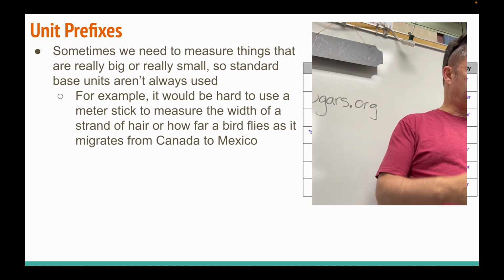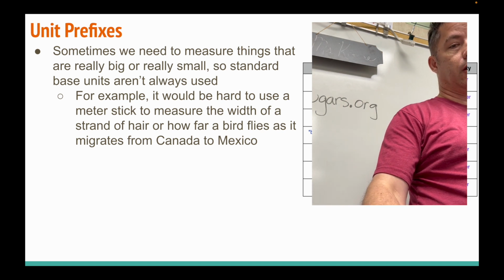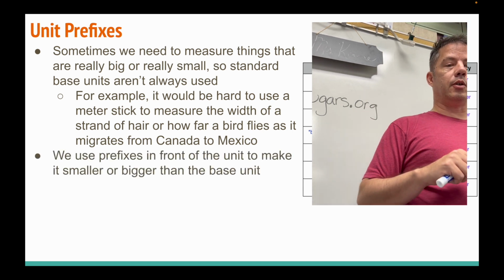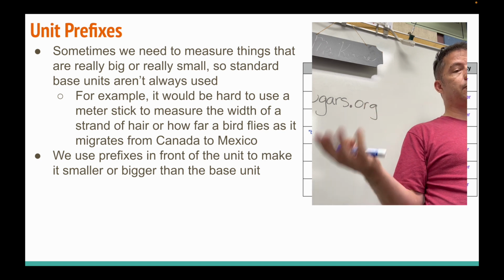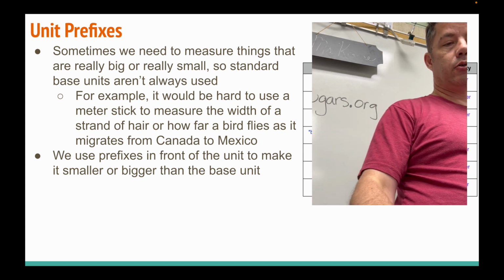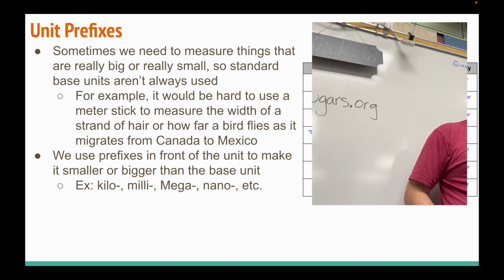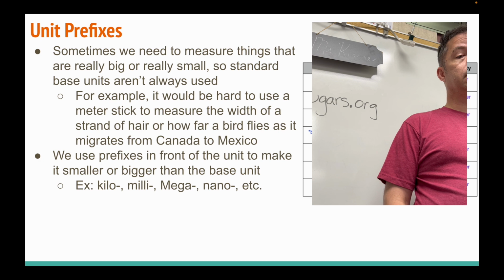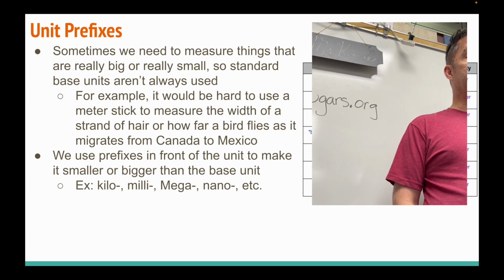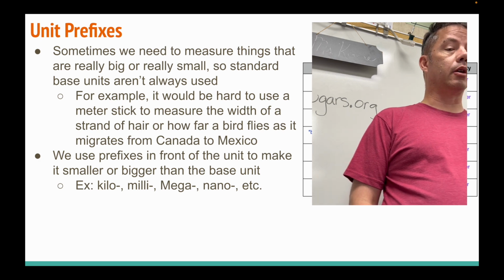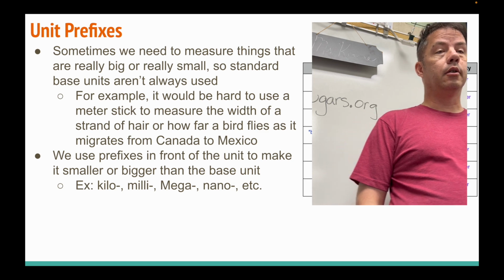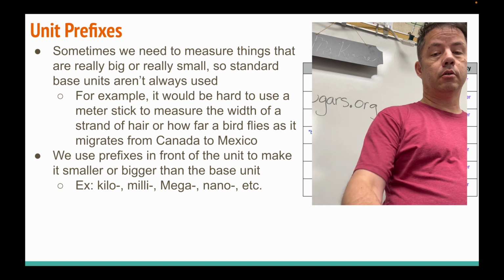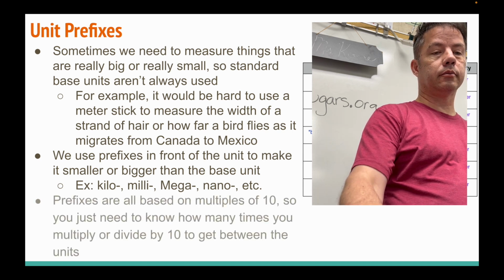Try to take a hair out and measure the width, it would be really difficult to do. So we have prefixes that we put in front of the unit to indicate that it's actually smaller or bigger than the base unit. So for example, we have kilo, milli, like kilometer, millimeter, mega, which you might be more familiar with in terms of megabytes. Where do you think that came from? It comes from this. Nano, we have all kinds of prefixes.